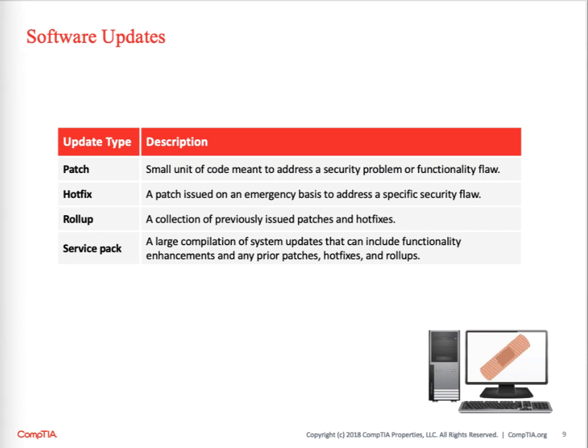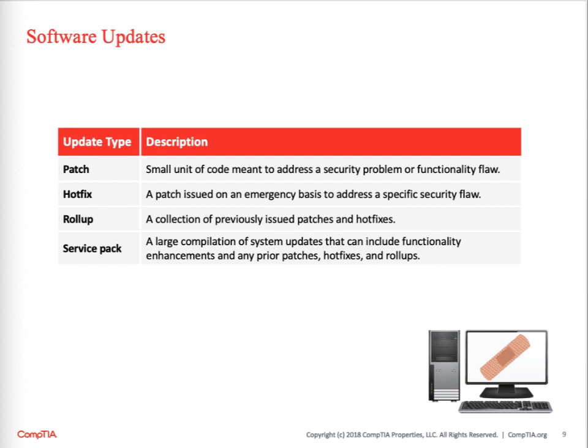So when it comes to software updates, as I've said before, software manufacturers are going to regularly issue different types of updates, and these updates will likely include patches to enhance our security, right? So installing the appropriate updates can make the complete difference between vulnerable code and hardened code, right?